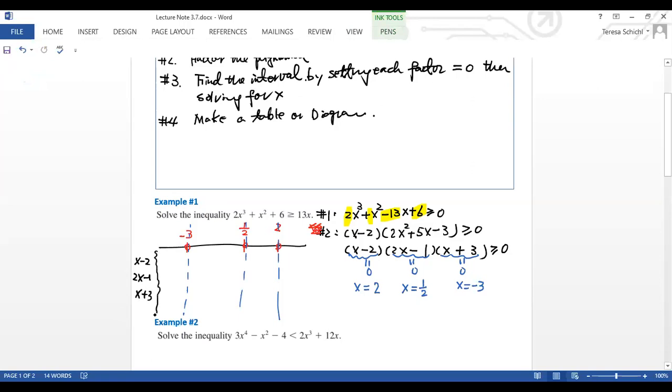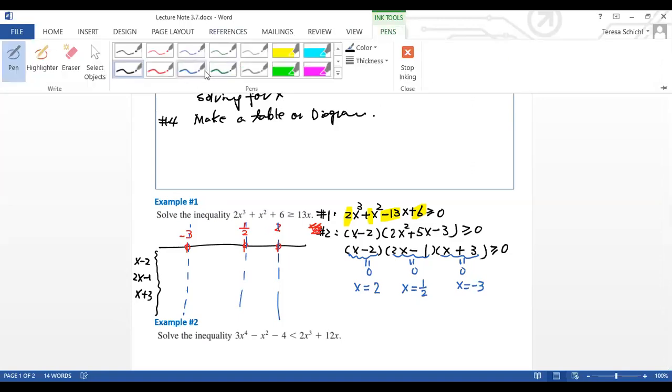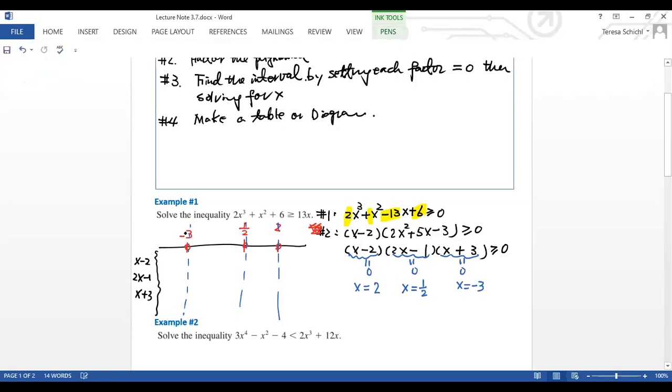Now I'm going to decide which sign is assigned. If x is less than -3, then x minus 2 is negative, right? If you have something between -3 and 1/2, x minus 2 is of course negative also. How about between 1/2 and 2? Still negative. But how about something greater than 2? x minus 2 will be positive.